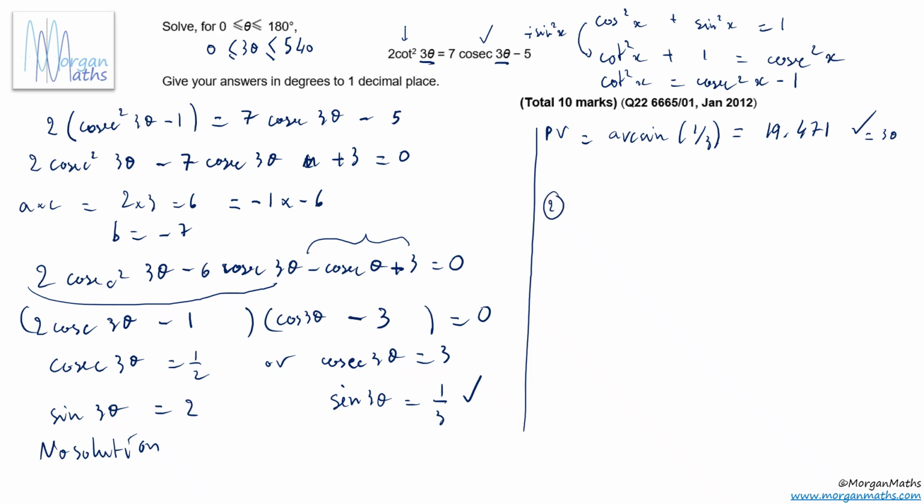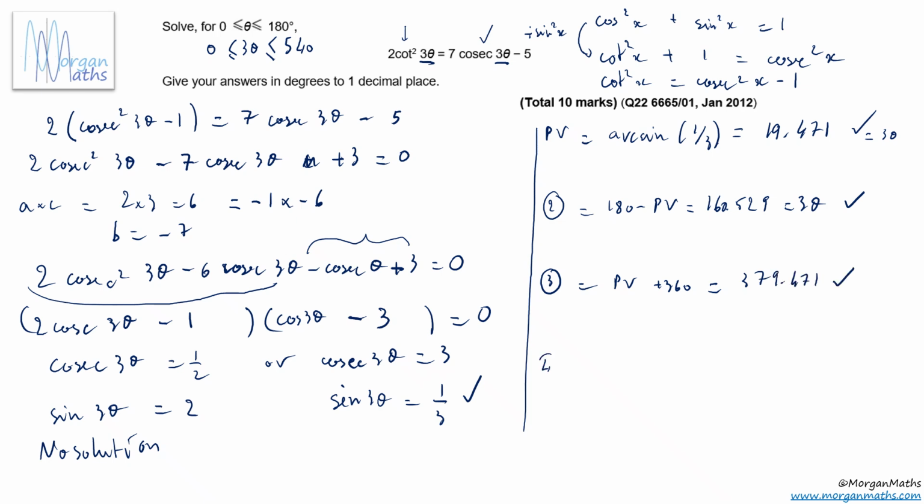The second value will be 180 minus the principal value, and that gives me 160.529, and remembering that that's 3 theta, and it's within the interval, so I'm going to keep it. The third value is going to be the principal value plus 360, which gives us 379.471, which we can accept.